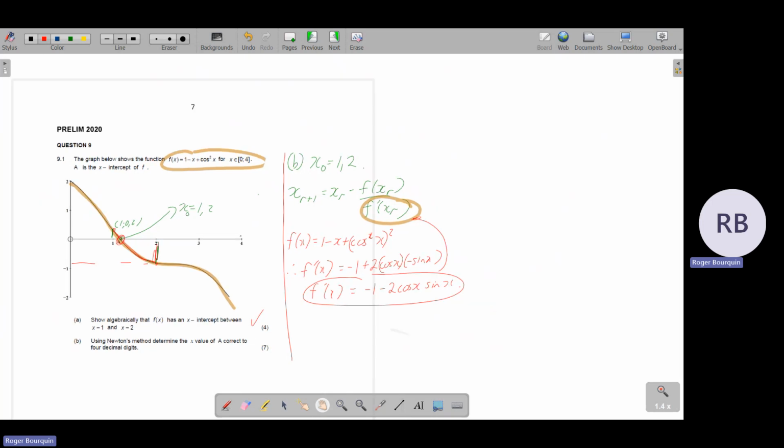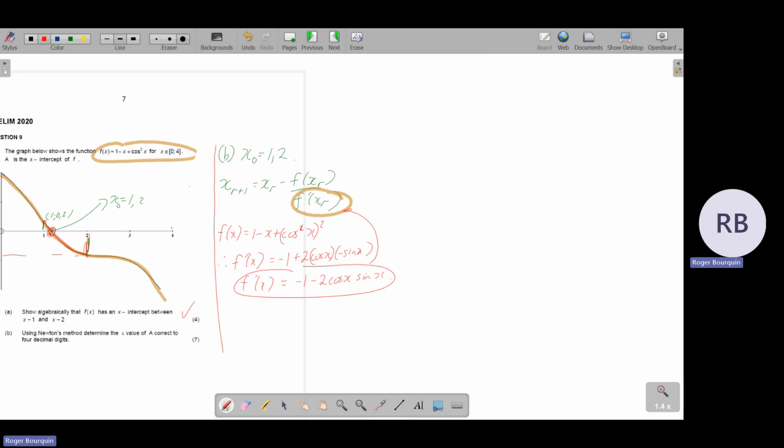So when you set it up, we go back to this formula. You need to write down your formula for this particular function.